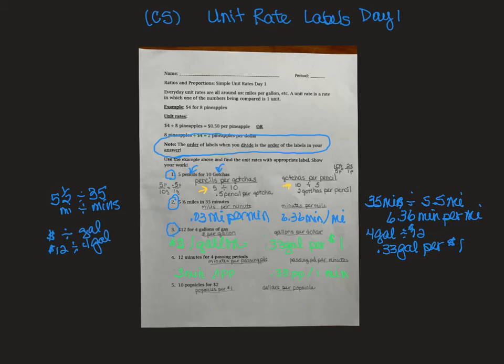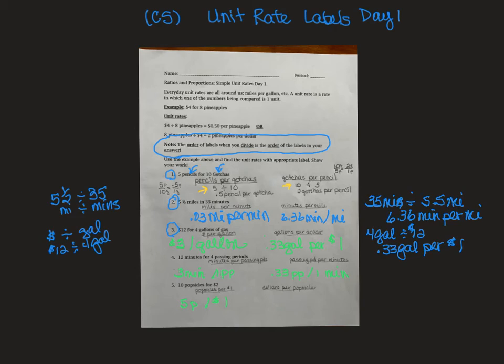Now, in the next one, I'm going to do it with the dividing, and I'm also going to do it with a proportion, so you can see how that relates, because I think some people can see it better that way. In this case, I have 10 popsicles for $2. If I want popsicles per dollar, I'm going to divide popsicles by dollars, and I will get 5 popsicles for $1, because I'm dividing 10 by 2.